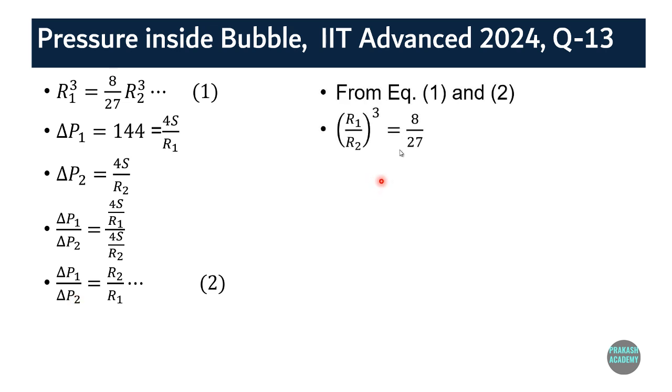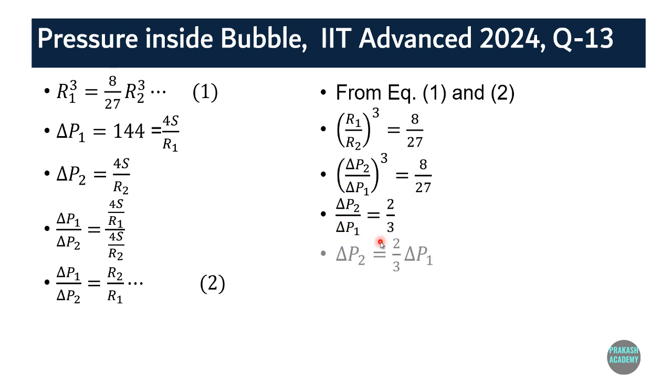So from equations 1 and 2, I can write R1 by R2 cube equals 8 by 27, and R1 by R2 is basically delta P2 by delta P1. So I can plug this value here. Delta P2 by delta P1 whole cube equals 8 by 27, which is 2 by 3 into 2 by 3 into 2 by 3. So delta P2 by delta P1 is equal to 2 by 3.